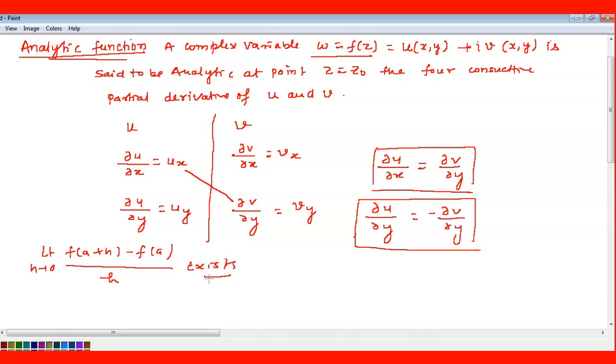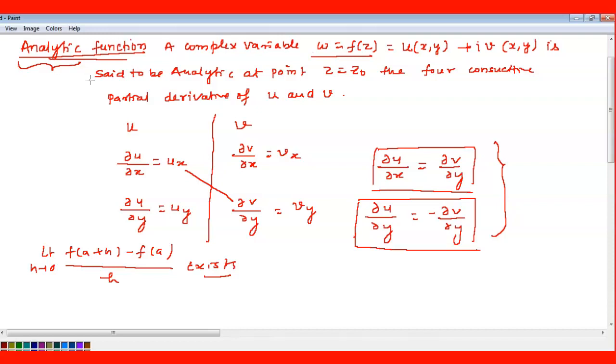So analytic means the same as differentiation. You can say that this function is differentiable if this condition holds, but in complex numbers the word for differentiable is analytic function. So if the function is analytic, then this condition should hold. If this condition holds, then the function will be differentiable, also called analytic.